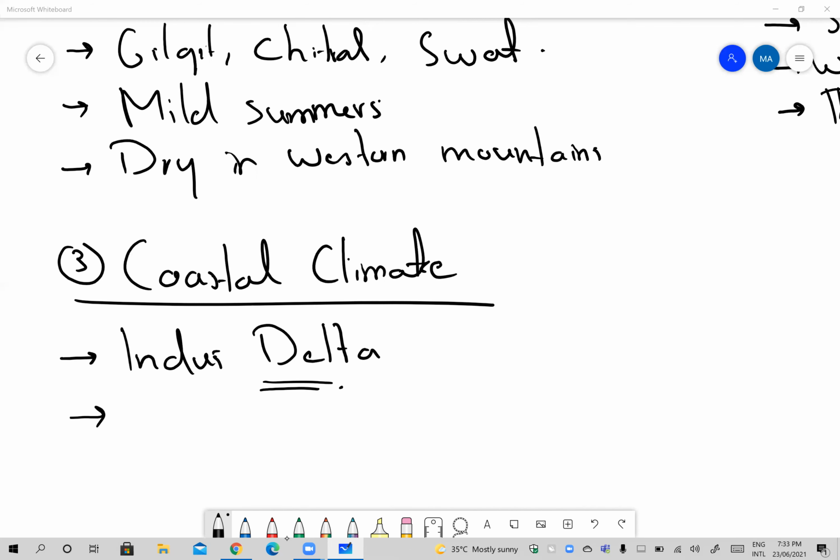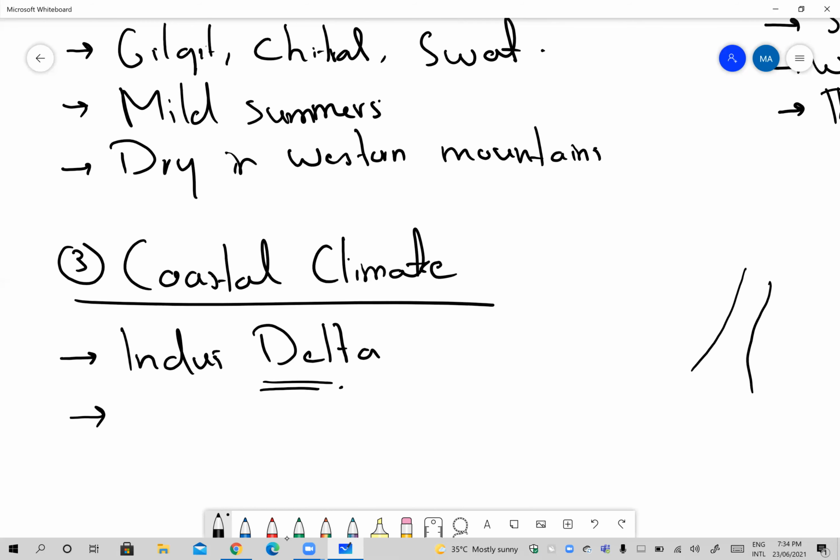Any idea? Is it something to do with the river? Yeah, but which specific part of a river is known as a delta? Is it the one that goes away from the main river, and where does it go? To lakes? No. To the sea. Into the sea, absolutely. So the point where the river enters the sea is called a delta.